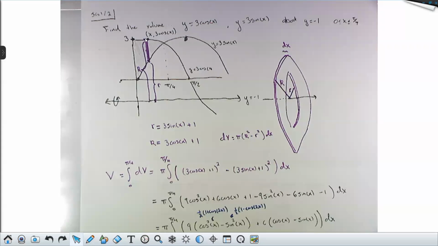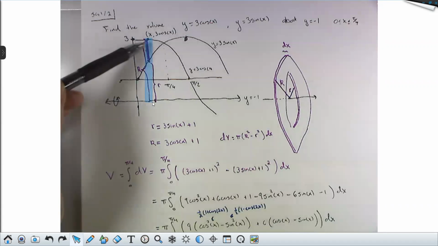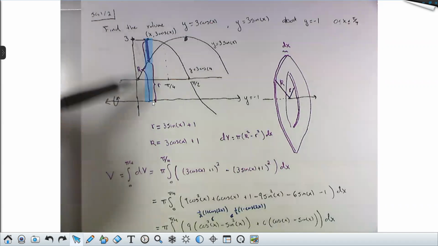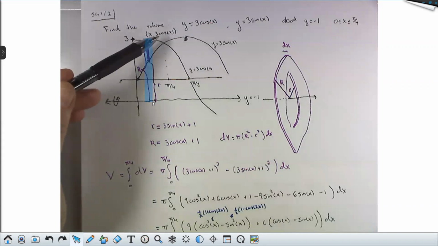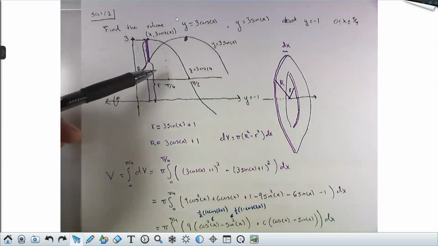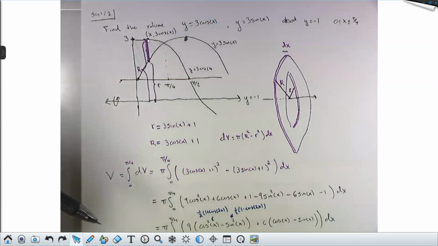So if we want to find this distance, which I know is big R, I take the y value up here and subtract from it the y value down here. The y value up here is 3 cos x because I'm along the curve y equals 3 cos x. That's that boundary curve. The y value down here is -1. So that radius is 3 cos x minus -1, which is 3 cos x + 1.